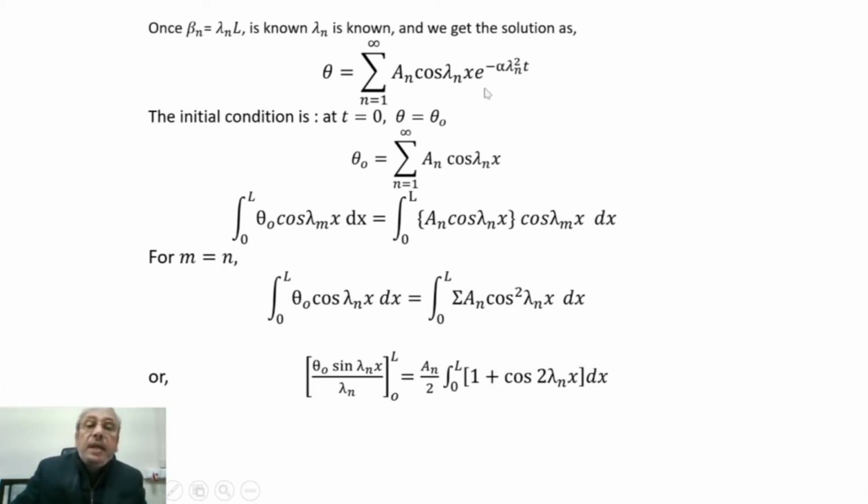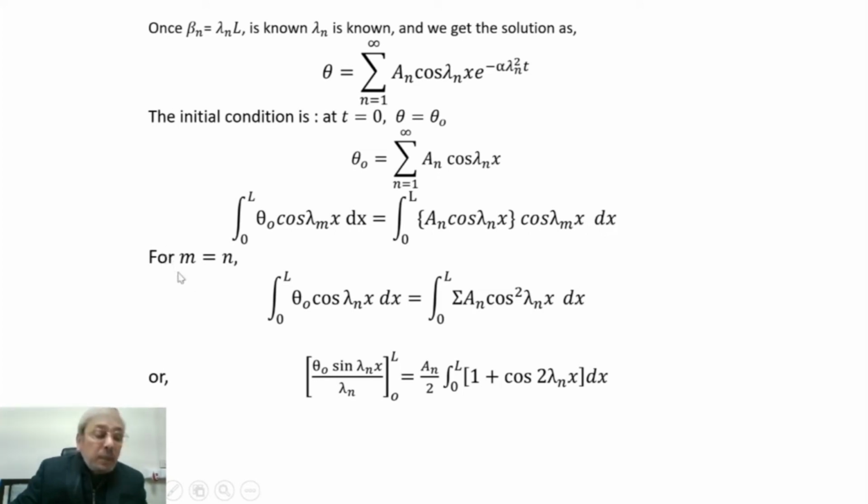So after having obtained this form, we can apply the properties of orthogonal functions. Within the domain, between the lower limit and upper limit, we multiply theta naught by cos lambda m x dx, and we also multiply the series by cos lambda m x dx.